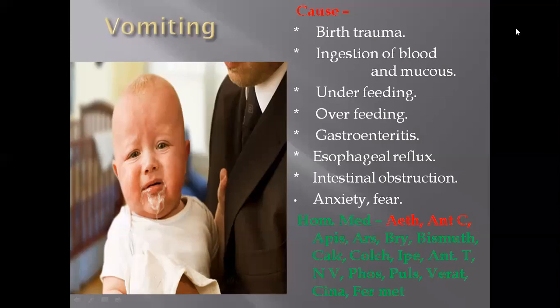In causation of vomiting in infants and children, I have told you that overfeeding is one of the important causes, and underfeeding is also an important cause. For overfeeding, two medicines are important in children related to vomiting: antim crude and nux vomica.